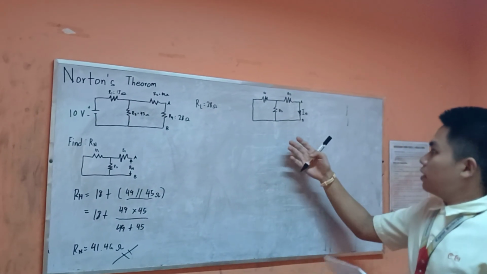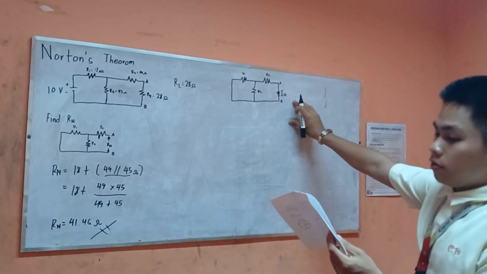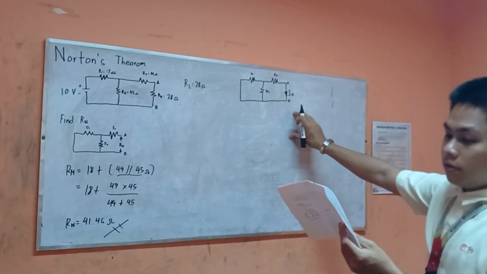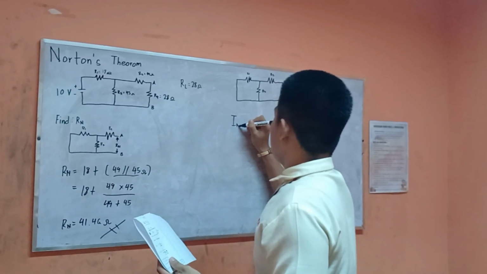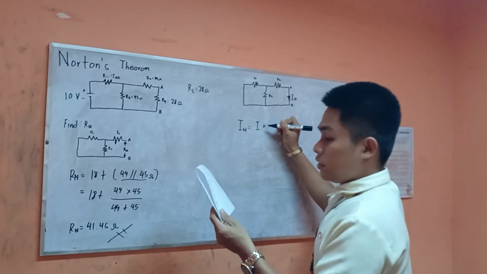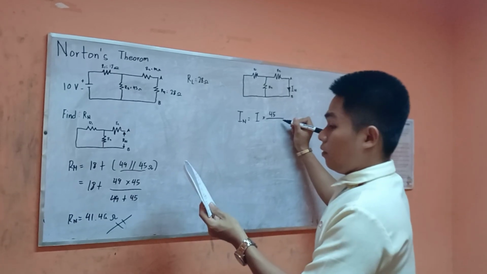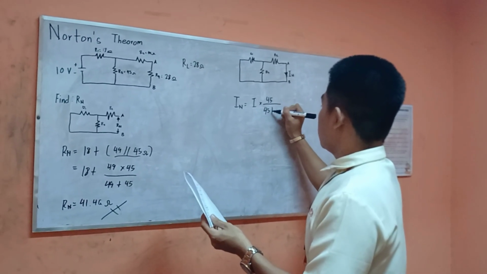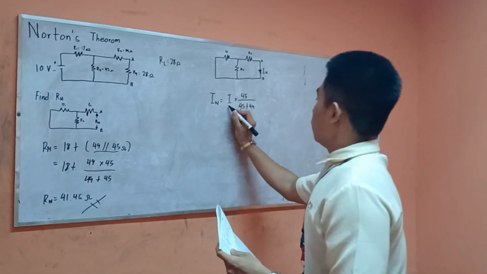To solve this type of problem, we need to formulate the current division rule, which is IN is equal to current times the given 45 over 45 plus 49.